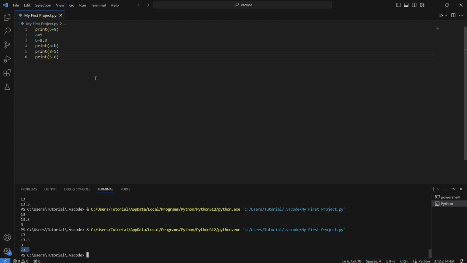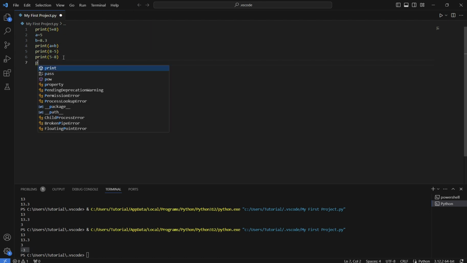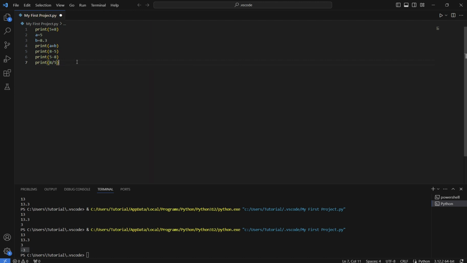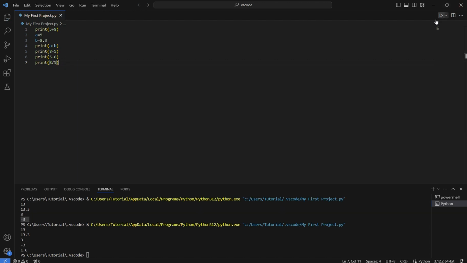The next mathematical operator is the slash. The slash signifies division. So, if we write print in parentheses 8 over 5 and run the code, it will output 1.6.